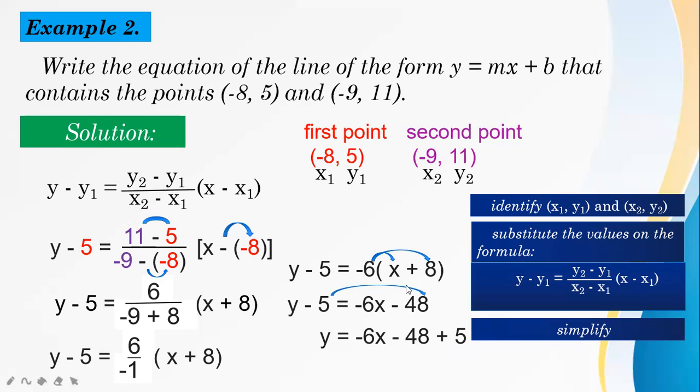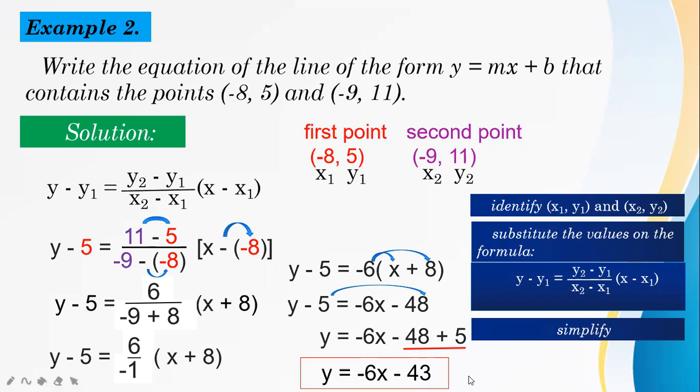Negative 5 transposed, we have positive 5. Then you add this, negative 48 plus 5, and therefore the answer is y equals negative 6x minus 43. 48 minus 5 is 43 because unlike sign, negative 48 plus 5 is negative 43. Why negative? Because negative 48 is greater than 5.